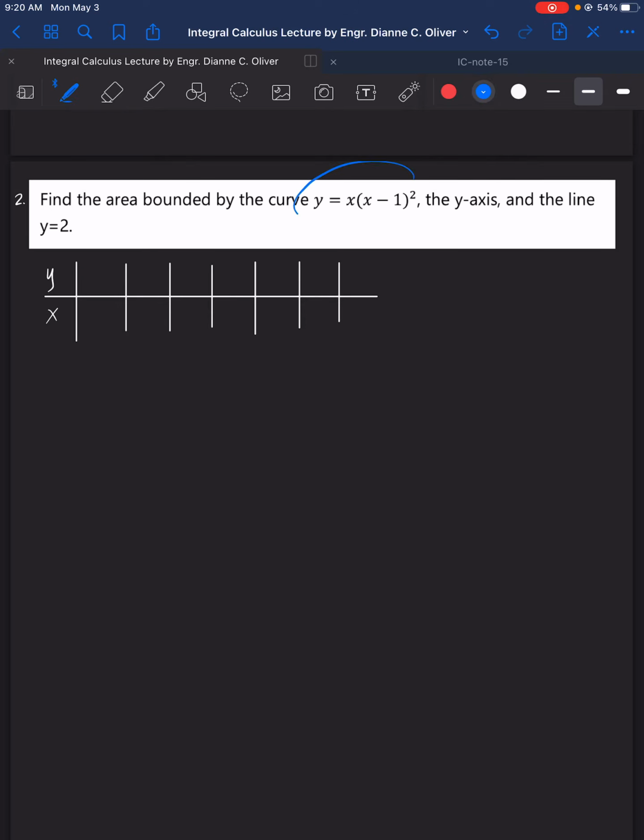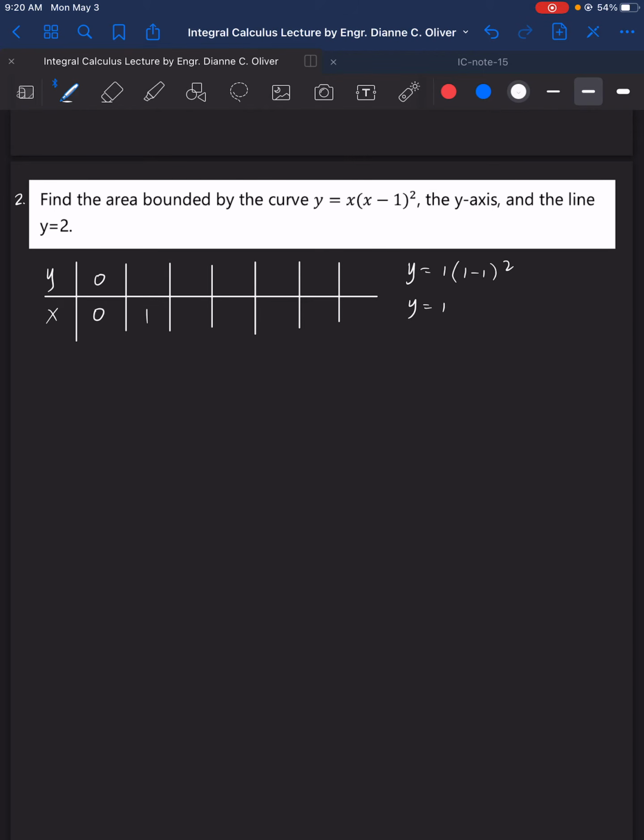Using this equation, if x is equal to 0, y is also equal to 0. If x is equal to 1, so what is y? y is equal to 1 times (1 minus 1) squared.